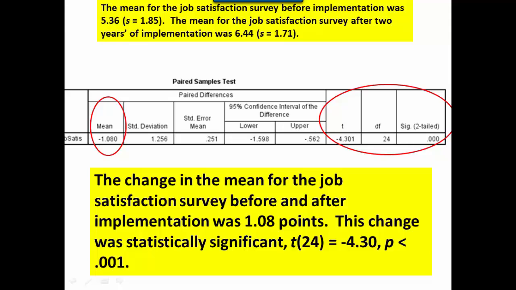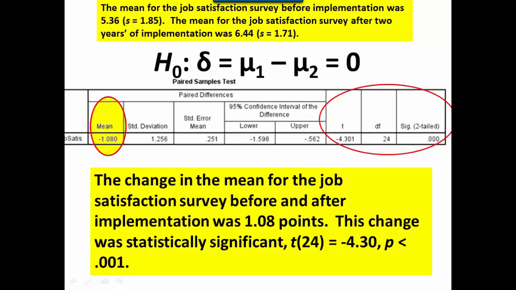Let me point out something. The change in mean was figured by SPSS as sample 1, or beginning, minus sample 2, the end, because that's how it was set up in my null hypothesis. This is an example of where you need to be paying attention to what your data mean.